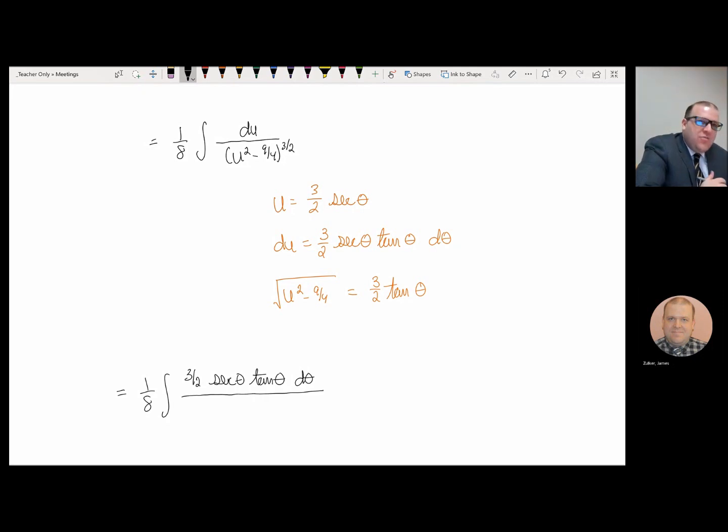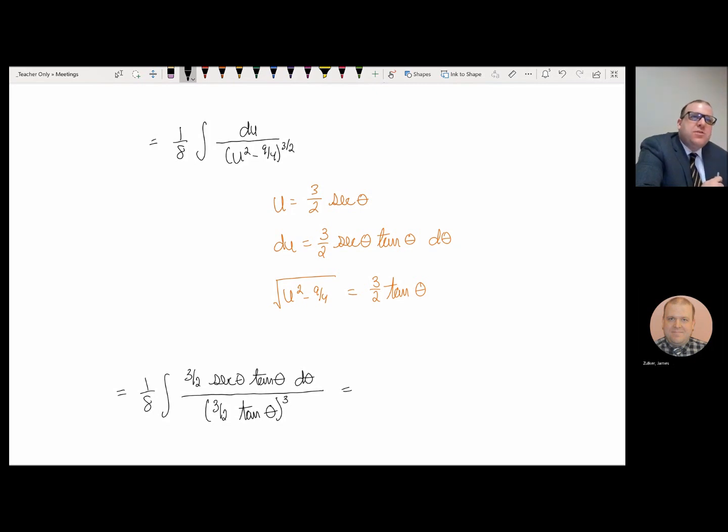Denominator, isn't that going to be 3/2 tangent of theta all cubed? We're going to be factoring out a 1/3 squared, right? Because one of the 3/2 in the denominator cancel with the one in the numerator.